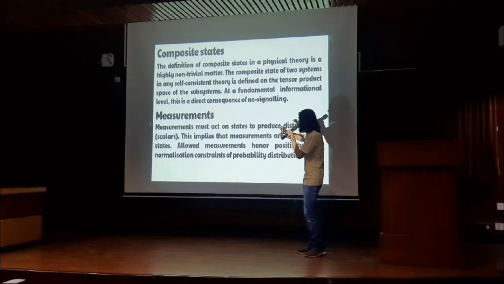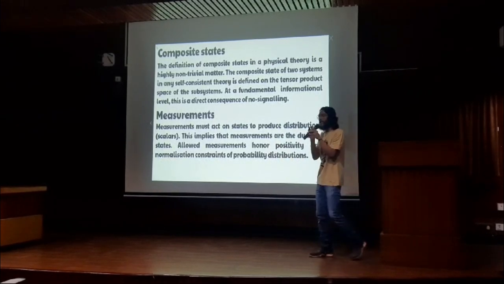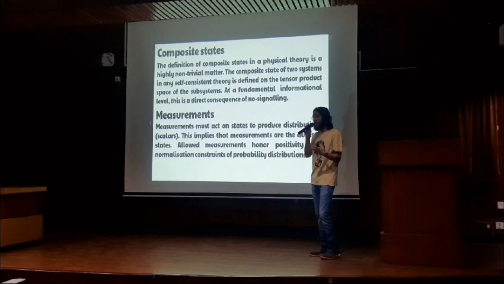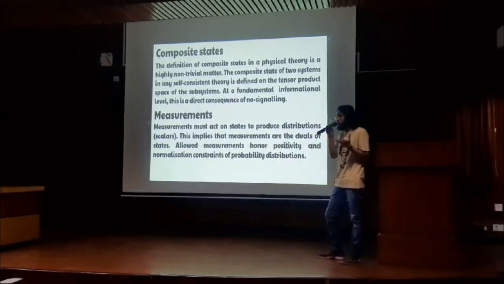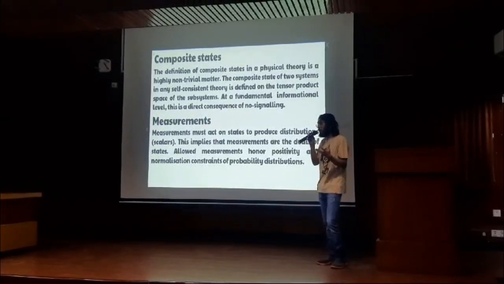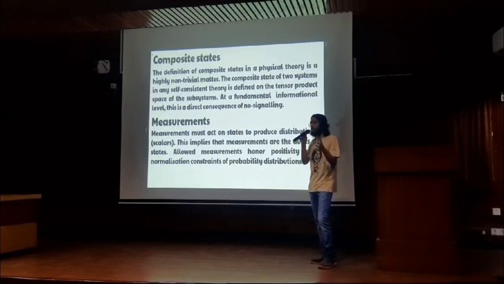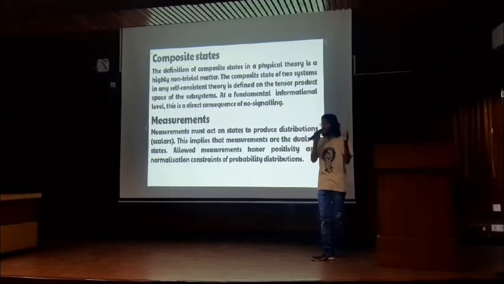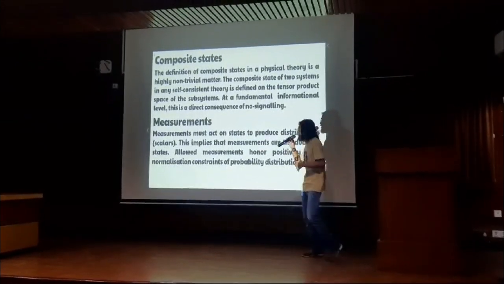Similarly, measurements. Let's say in any physical theory, you have a state and you're going to perform a measurement. What do you want to require out of your measurement? If you're trying to mathematically model your theory, what you want to require is, in general, any experiment is going to be probabilistic. Deterministic experiments are just special cases of probabilistic experiments where one event happens with probability one, right?